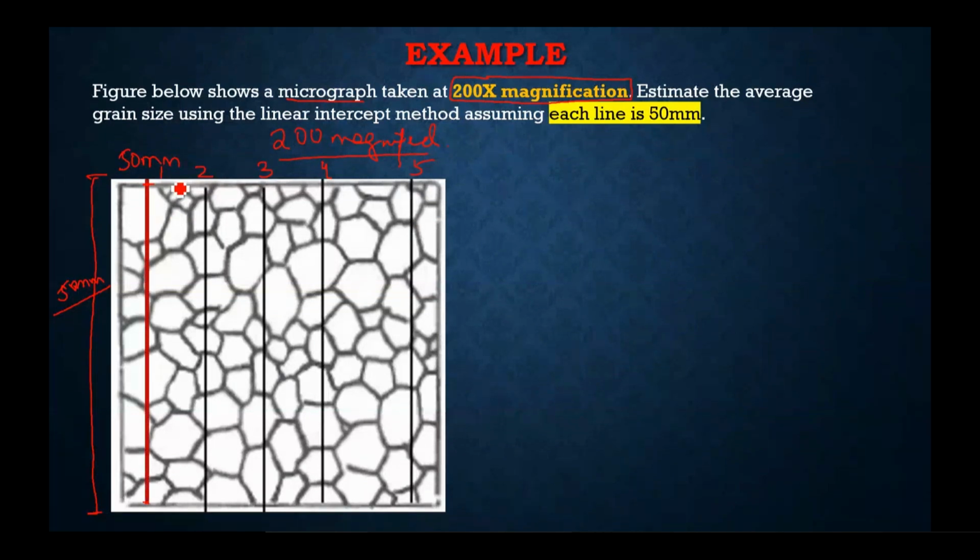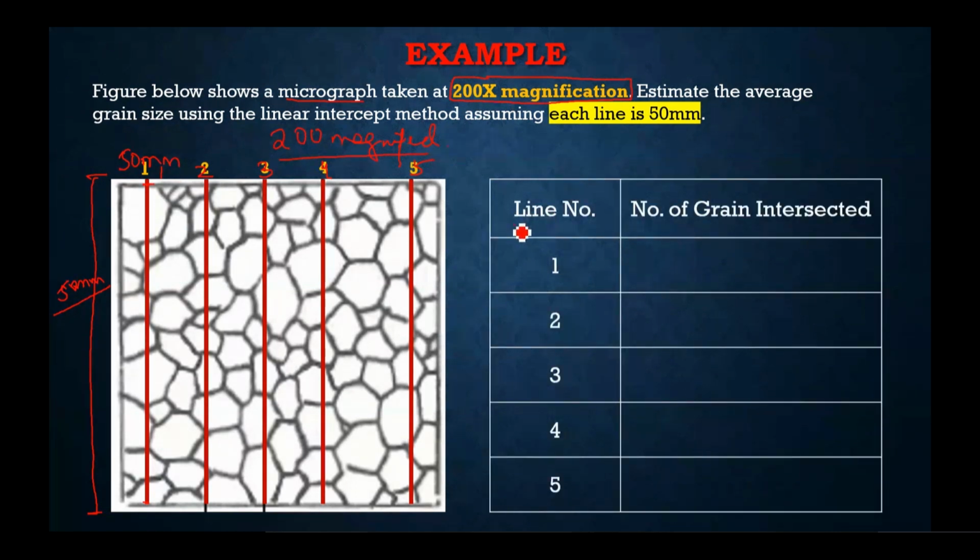I have the line number over here and the number of grains intersected over here. So for the first line, I would find the number of grains. See, this is one intersection, second, third, fourth, fifth, sixth, seventh, eighth, ninth. So I have 9 intersections for the first line that I have drawn.